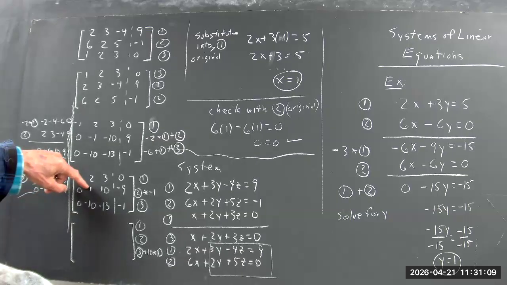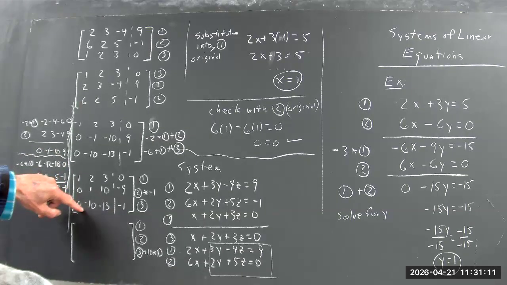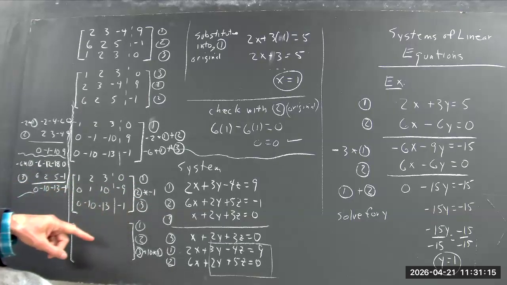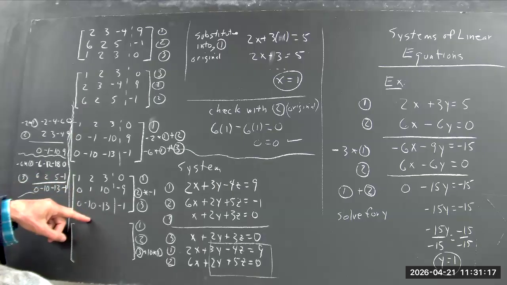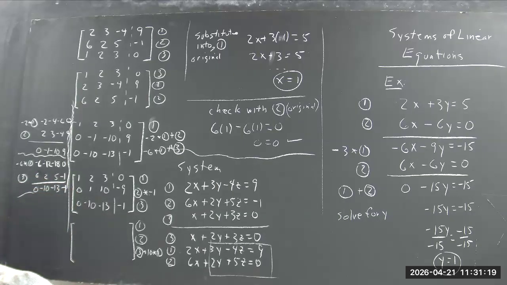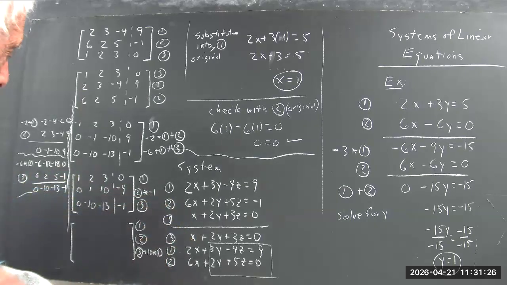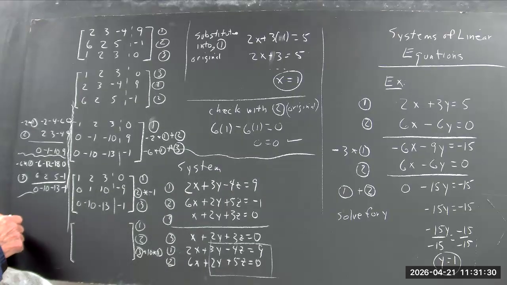You see I've got a 1 here and a negative 10 here. If I multiply the second row by 10, it's going to match up with this negative 10 and give me a 0 there. Okay, just like eliminating y between the two equations. Okay, so I'll write that off to the side.